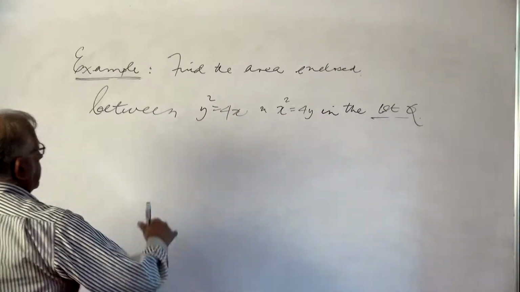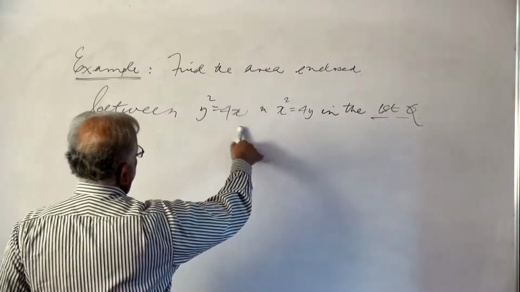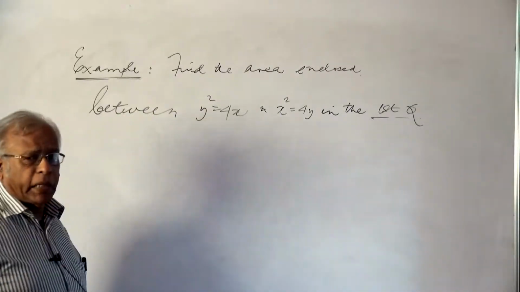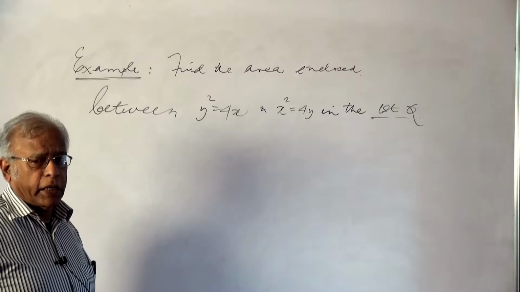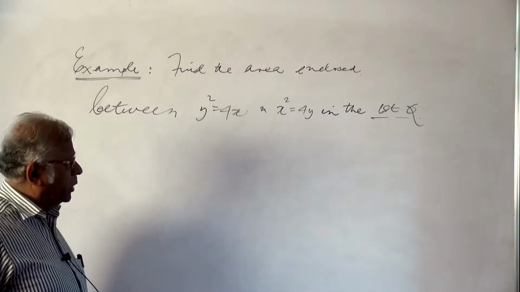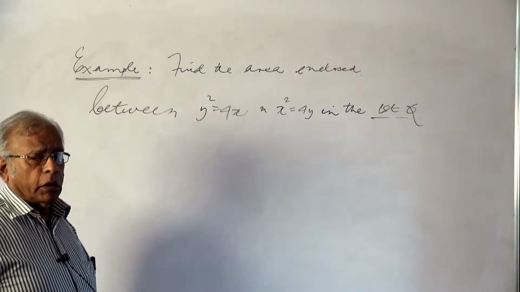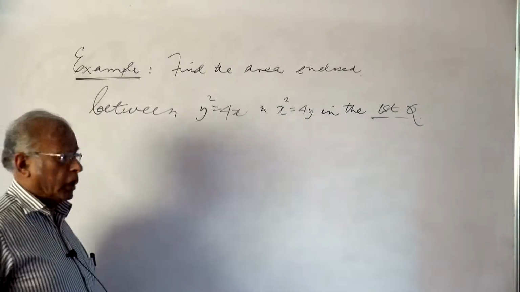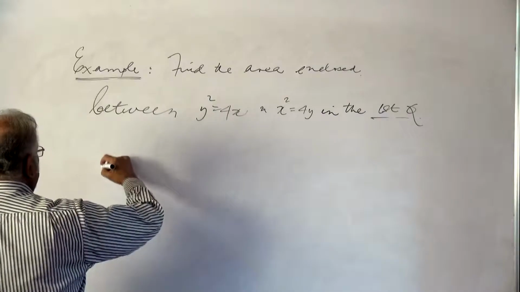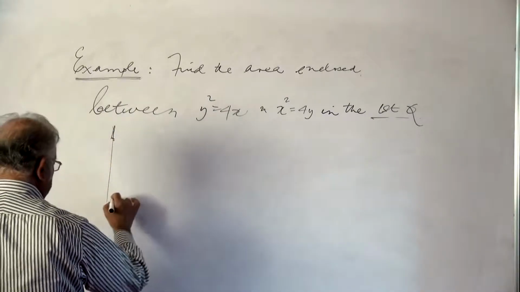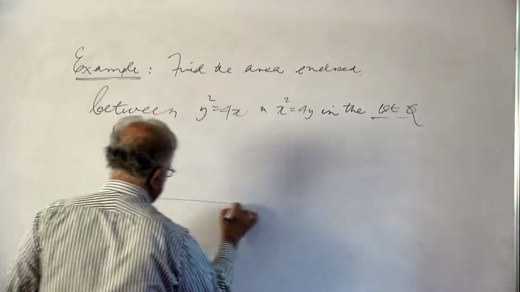So, let us see, we will draw these two graphs, y square is 4x and x square is 4y, which are basically parabolas. We have learnt in high school that these are parabolas. I will try to first generate the two curves and see what area we are talking about. We take a y-axis and an x-axis.